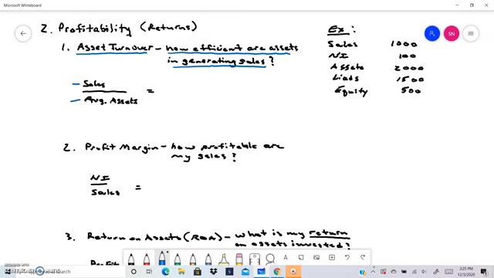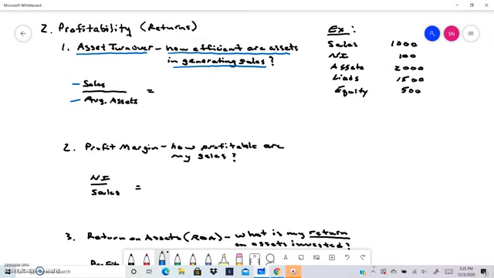And so what this is basically saying is that for every dollar in assets, how many sales are we generating? Now, obviously, we'd like this to be as high as possible. We'd like to have the fewest amount of assets and the most amount of sales. Now, a lot of times sales aren't necessarily under our control.